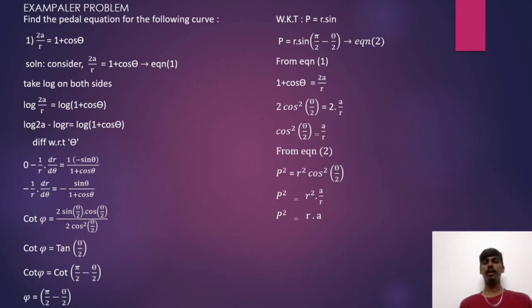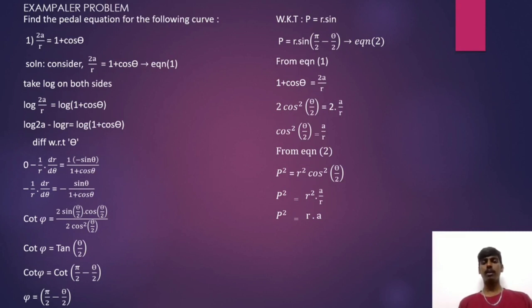We know that p is equal to r into sin phi. This is the pedal equation. p is equal to r into sin(pi by 2 minus theta by 2). We can take it as equation 2. From equation 1, 1 plus cos theta is equal to 2a by r. 2 cos square theta by 2 is equal to 2 into a by r.